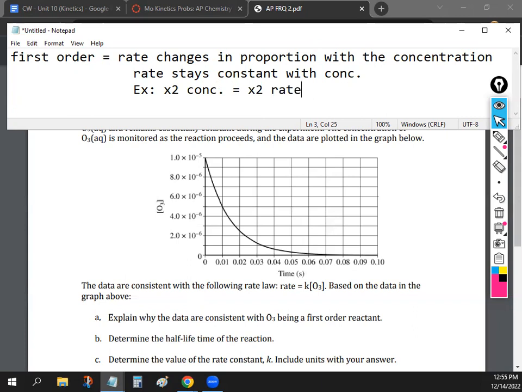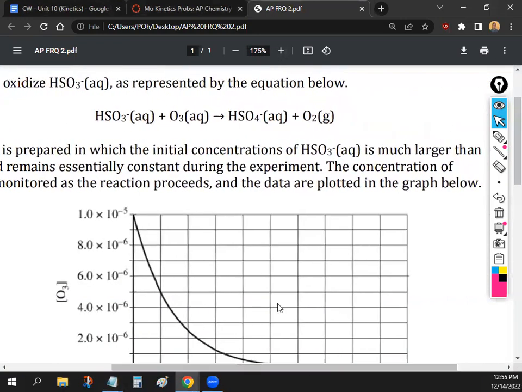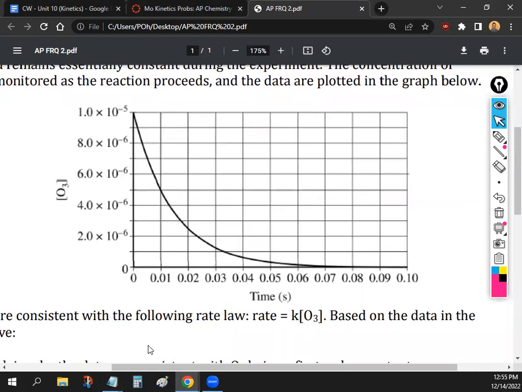And so now with that information, we can go into the graph and see if the data is consistent with that. Okay, now the easiest way to do that is to just look at the half-life. Let me zoom in on this graph. Half-life is an easy way for us to compare how the rate changes over time in proportion to the concentration, okay?